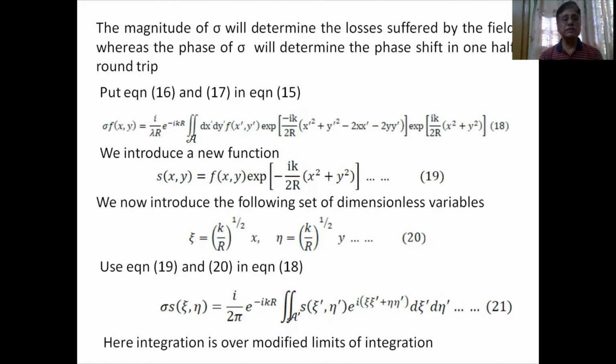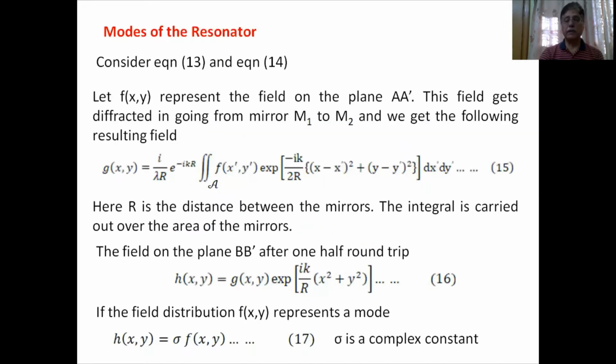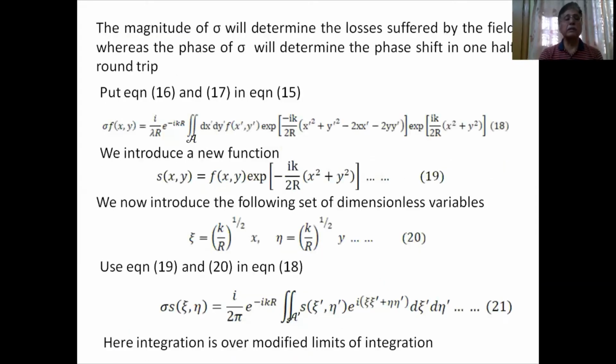So put equations 16 and 17 in 15. We have 16 and 17. And if we put that back into 15, then what are we getting? Sigma F(x,y) is equal to i by lambda R exponential, because Z is equal to R here. So i by lambda R exponential minus iKZ, it was there. So it is exponential minus iKR.